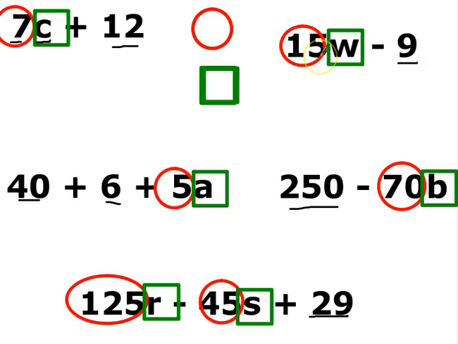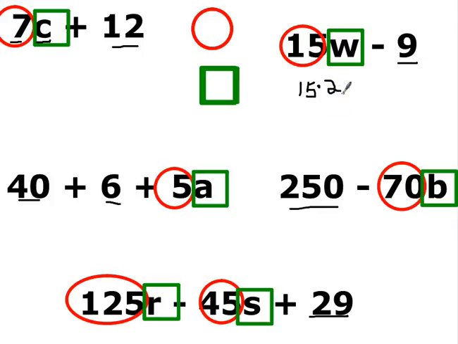The coefficient is going to tell you how many times you're going to multiply the value of W. So for example, if I have 15 times W, and the value of W is 2, this actually means 15 times 2.